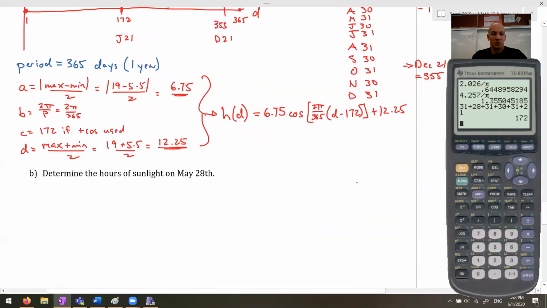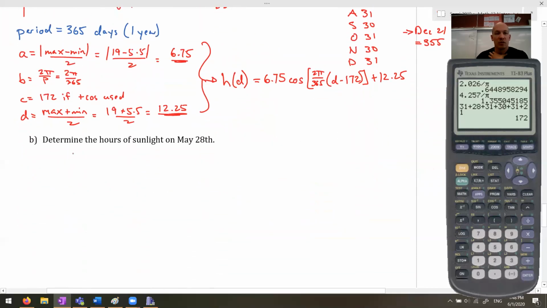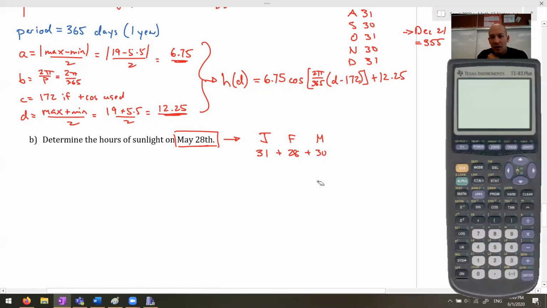So now, of course, B, we're going to use the equation. Determine the hours of sunlight on May 28th. So what number is this? January has 31, plus February, which has 28, plus March, which has 31.